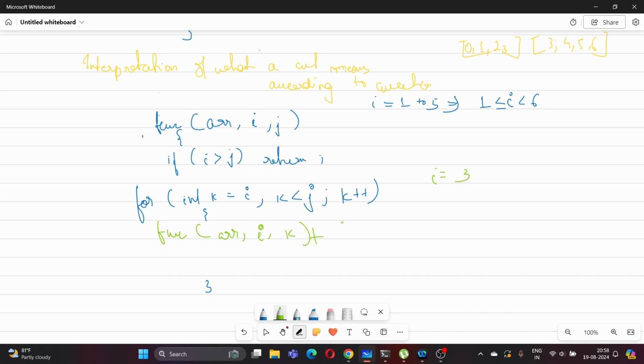And the other part would also be function array. Since 3 is present in both parts in this question, it would be array k and j. This is how it works. So if you can just visualize, understand and interpret the cut.